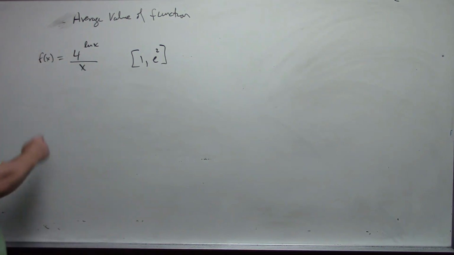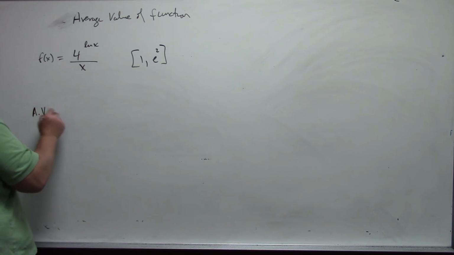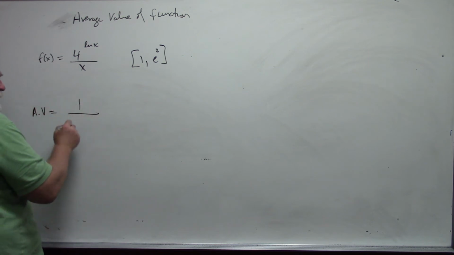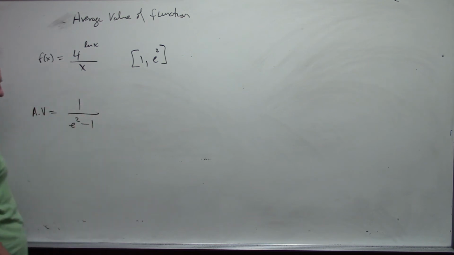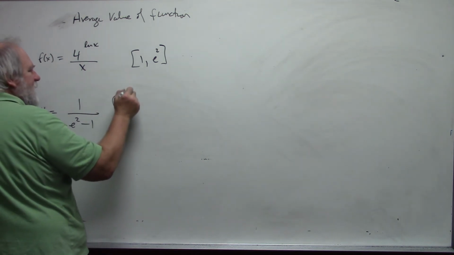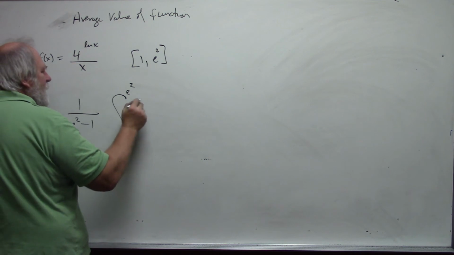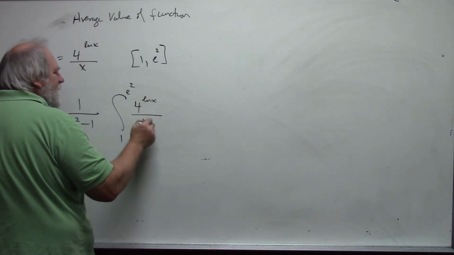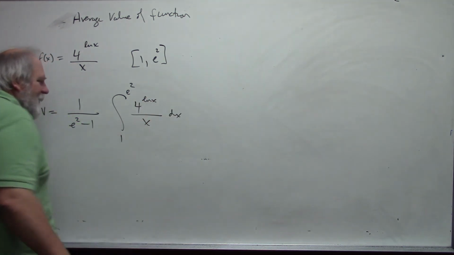So my average value is going to be 1 over e squared minus 1, the integral from 1 to e squared of 4 to the ln of x over x dx.